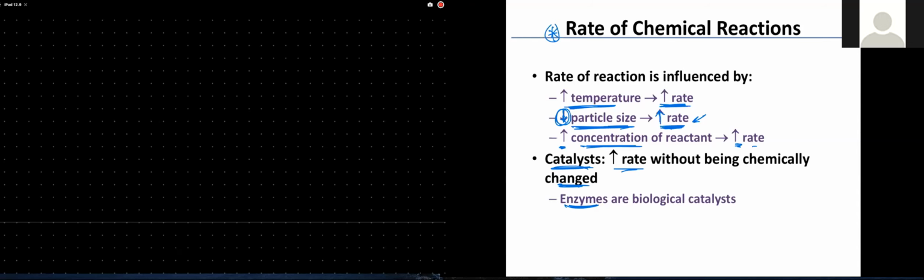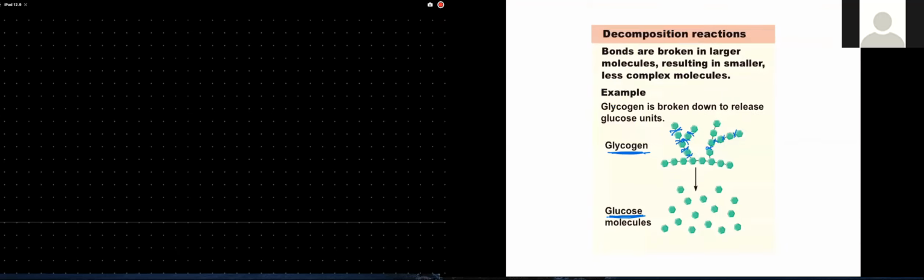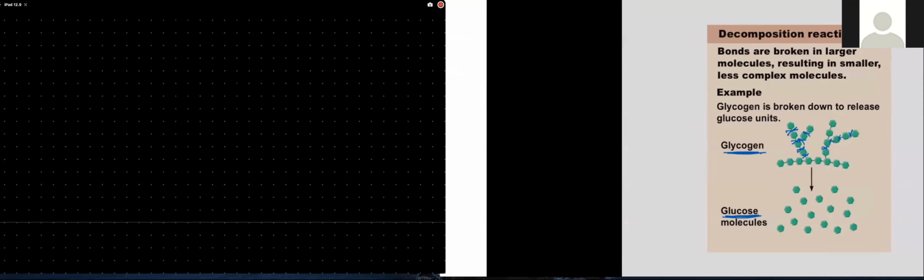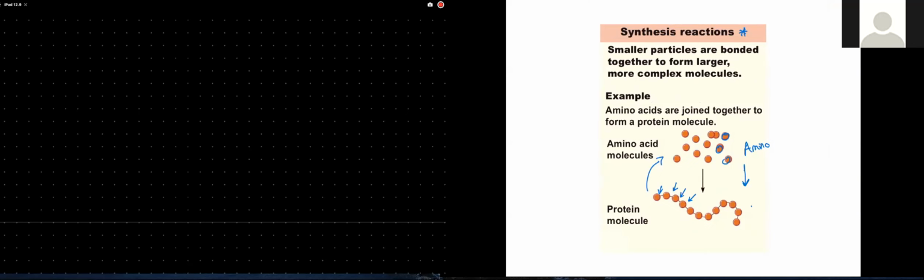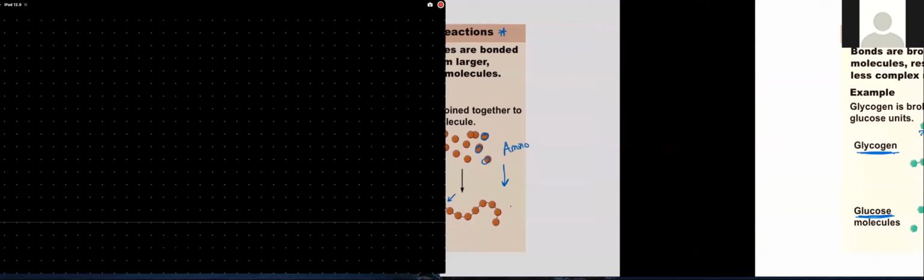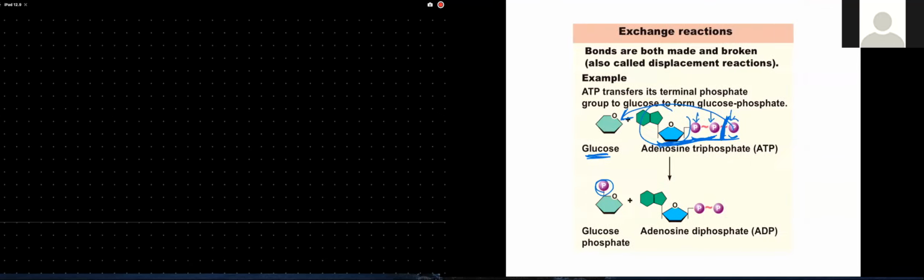For example, if I'm breaking down a protein into amino acids in digestion, I will need enzymes that increase the rate of the breakdown without an actual change to the chemical structure of the enzyme. So nothing changes in the enzyme structure, but the chemical reaction takes place at a much faster rate.